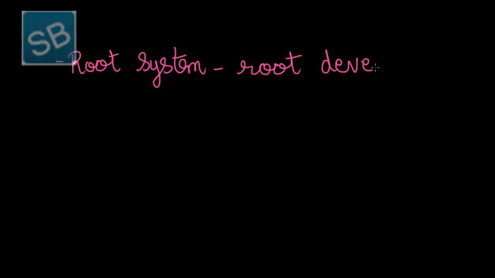As we have studied earlier, the root system is formed by the collection of roots. And how does this root develop? The root develops from the radicle that is present within the seed.